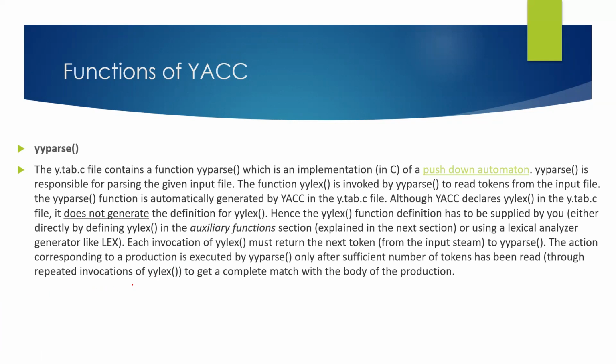The function yylex is invoked by yyparse to read the tokens from the input file. This function is also automatically declared by Yacc in the y.tab.c file. Although Yacc declares yylex in the y.tab.c file, it does not generate the definition for yylex. Hence, the yylex function's definition has to be supplied by the user.